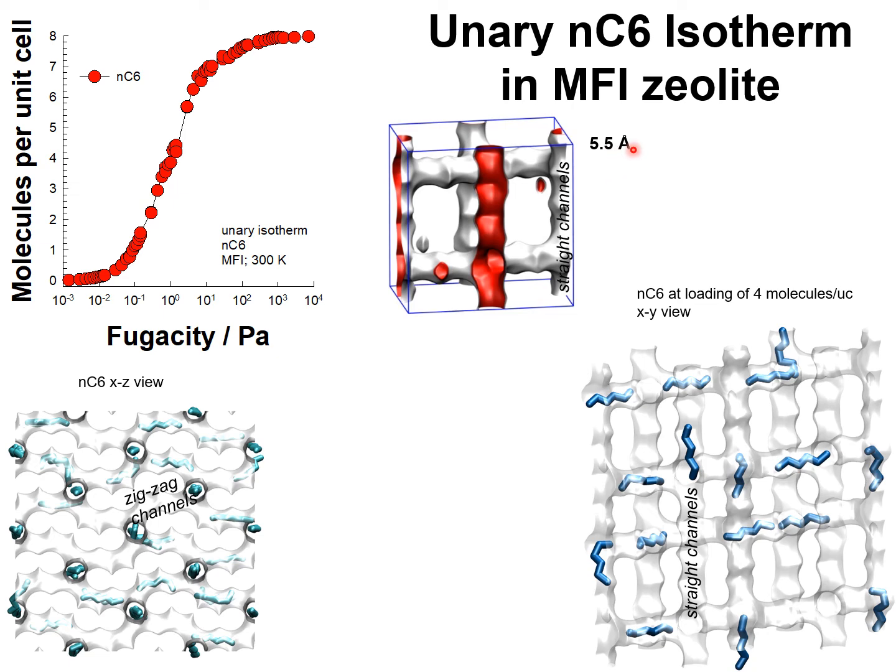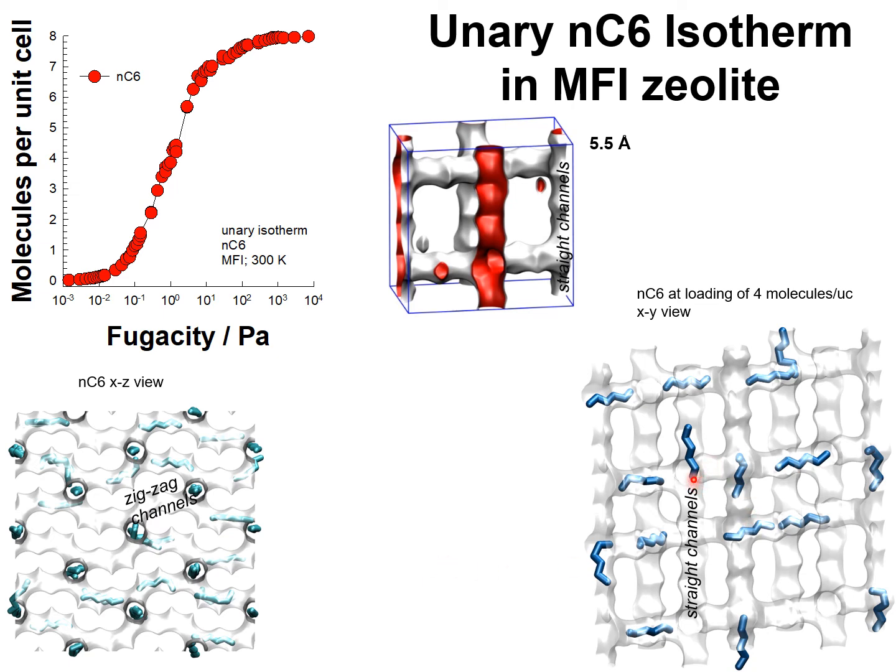The dimensions are 5.5 angstrom. Normal hexane is a linear molecule that can align along either the straight channels or the zigzag channels. This is the XZ view, looking at it from the top, and indeed they are zigzag in shape. They're also called sinusoidal channels.